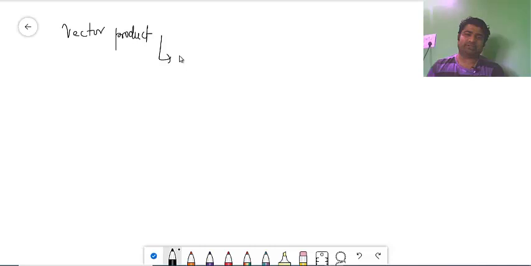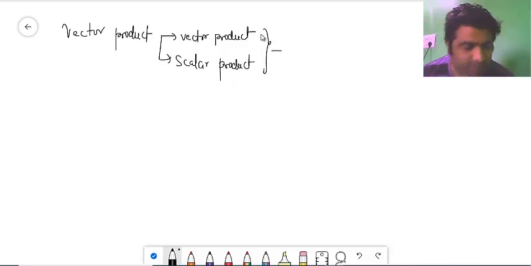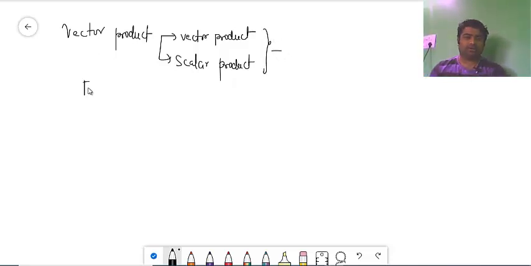The one will be your scalar product, and the other one is your vector product. So these two are left, we have to do this one. Then there is one more thing, right hand thumb rule. Then there is right hand screw rule.